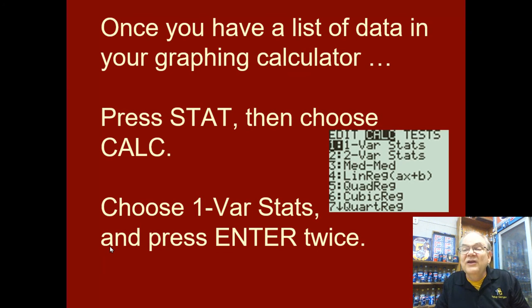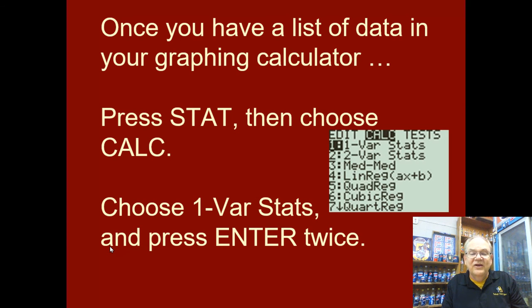It is pretty straightforward to figure out the mean if you have numbers in a calculator. And since this is using the same numbers that I had in there before, we're actually going to get a little bit different answer than what I just got with the sample I showed you. But once I have my numbers in there, I go back to stat. And this time I want to choose calc, which just stands for calculate.